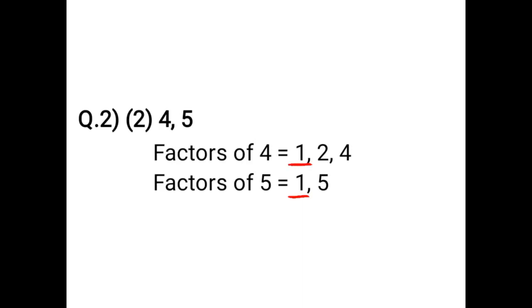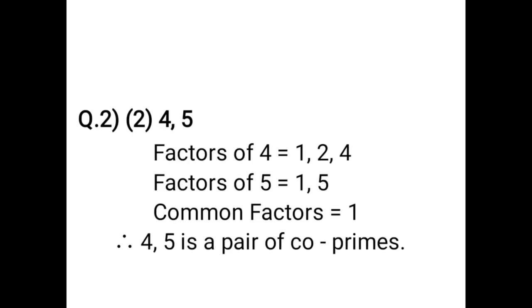Common factor is only 1. Other common factors are not there. So write common factors is equal to 1. If there is only one common factor, starting number 1 is the only common factor, then those numbers are co-prime numbers. Therefore 4, 5 is a pair of co-primes.